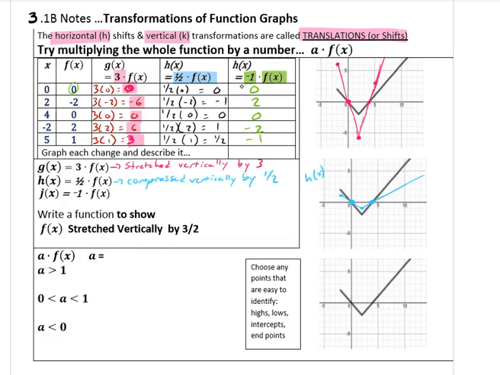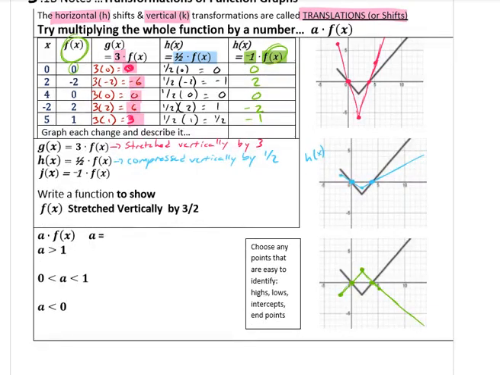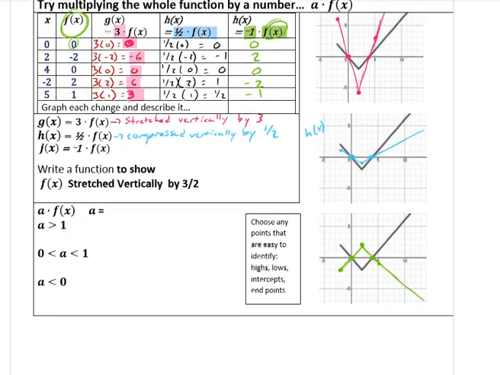Once again, all of these values are coming from f of x, which is this column here. I'm going to plot those points and see what it gives me. So it's kind of just the opposite. What we're going to say is it's going to be reflected. So we're going to call this a reflection across the x-axis.